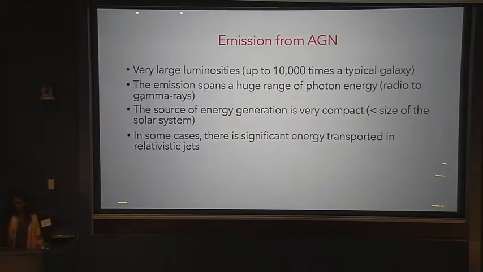And just to remind you that the emission actually spans a range of photon energies, as we saw yesterday, and therefore there's a lot of processing that these photons can do as they leave the inner portions of the galactic nucleus. And as people have asked, in many cases, there's also a large amount of energy that's transported and deposited in relativistic jets.